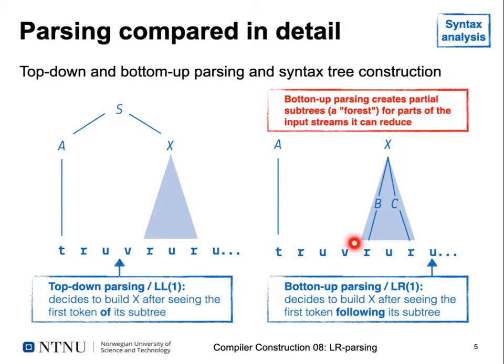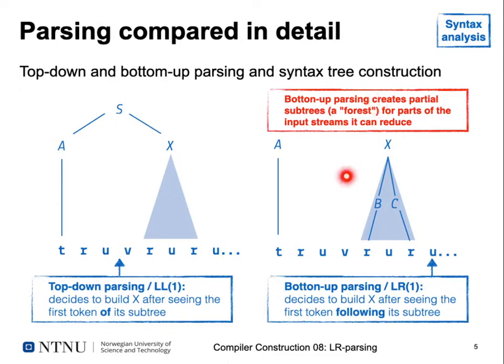So it first reads a subsequence of your input token string, and then it decides to build something higher up, like maybe it can reduce something to a non-terminal symbol B and something else to C. And ultimately, when it has arrived at BC, it can figure out recursively that BC, this sequence here, could be reduced to a non-terminal symbol X, which then is at the root of our partial syntax tree.